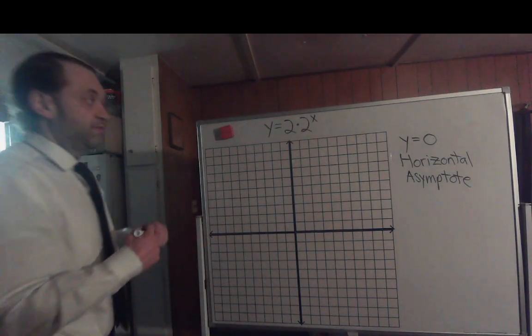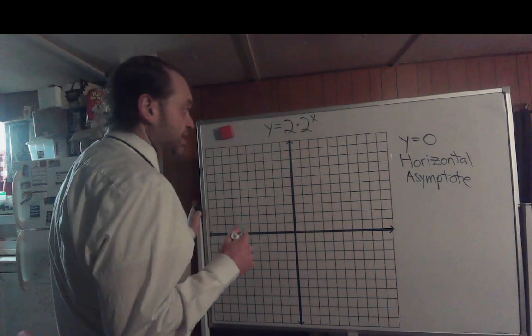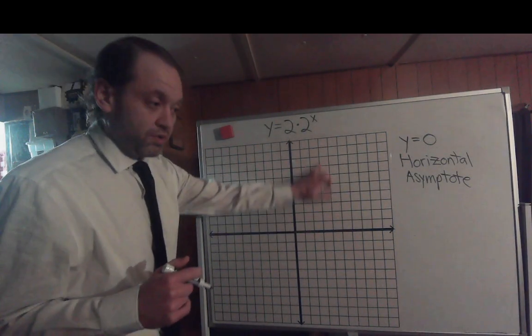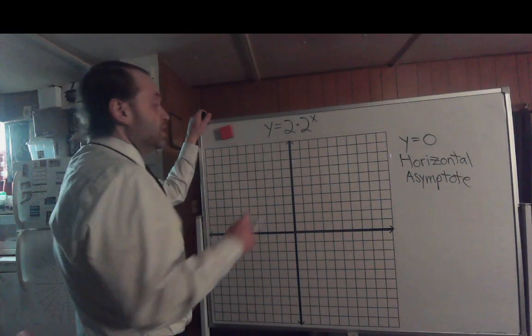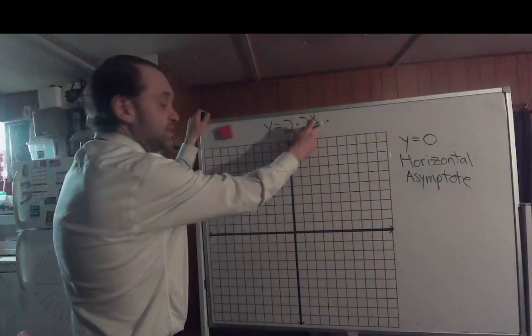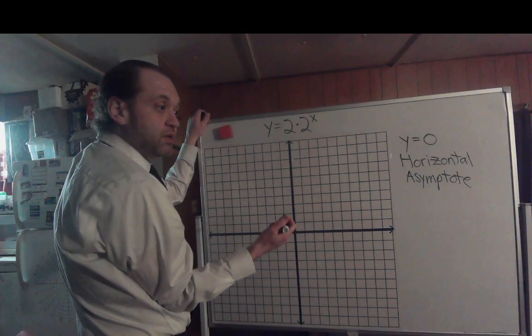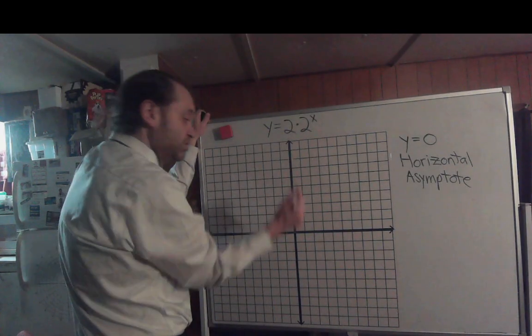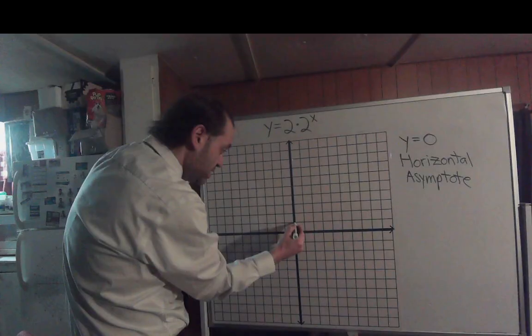So let's graph this here, 2 times 2 to the x. We'll make one of these units worth 2. Okay, so x is 0, what do you get? You got 1, and then take 1 times that 2, you actually have 2. So you would have the point (0, 2).